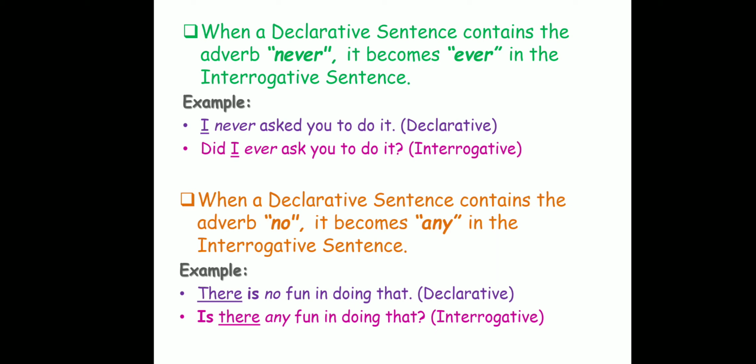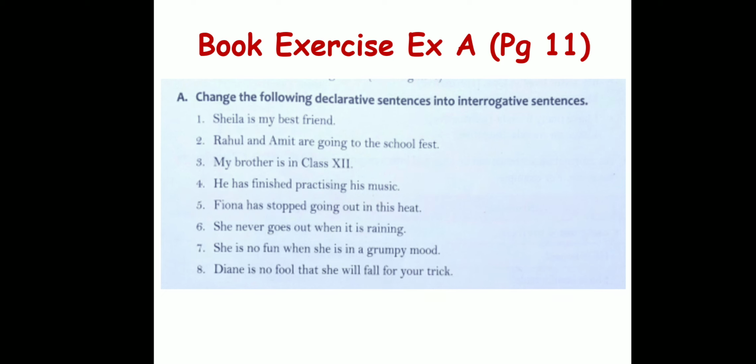Okay, after this there is an exercise in your book. This is exercise A on page 11. I've just taken a small picture. Here you have to change from declarative to interrogative. Now see what the question says. Change the following declarative sentences into interrogative sentences. Now this question does not say that you have to keep the meaning of the sentence same.